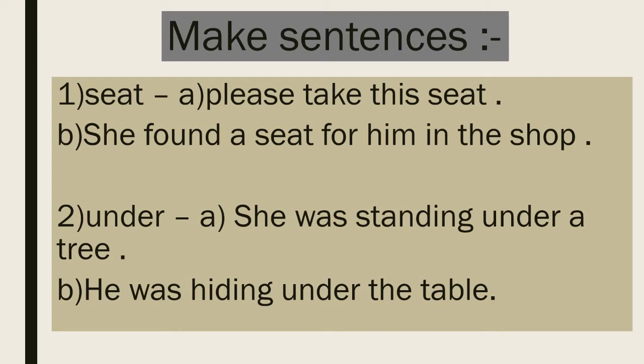The second sentence I have framed from the same word is, she found a seat for him in the shop. The next word is under, and the sentence I have framed is, she was standing under a tree. The second sentence I have framed is, he was hiding under the table. Now, in the same way, you have to also frame two sentences from both these words. Okay?